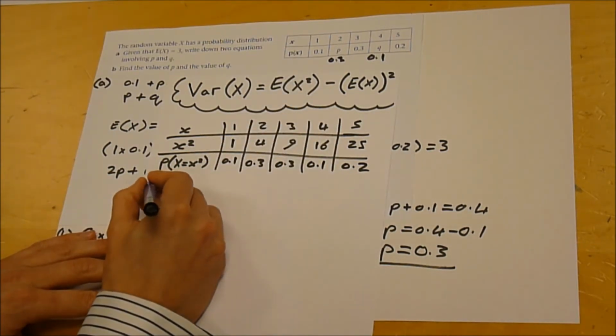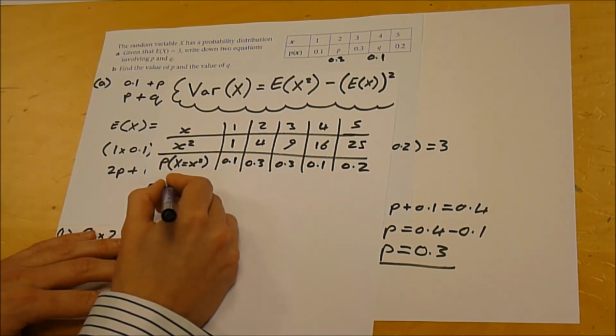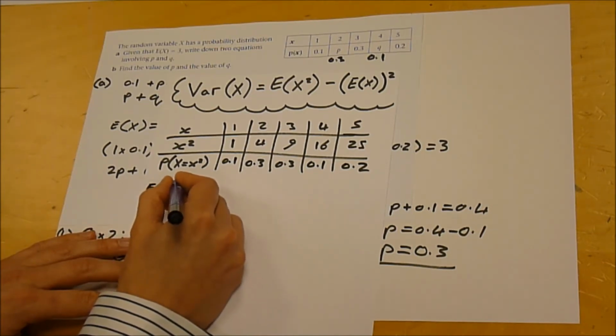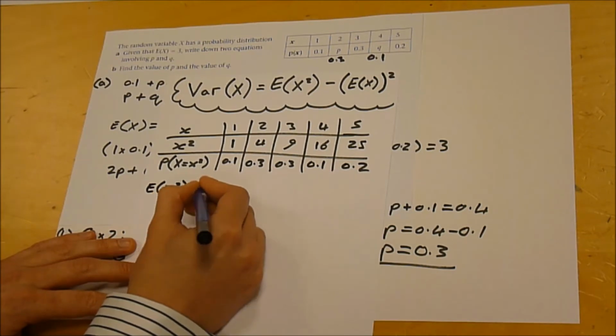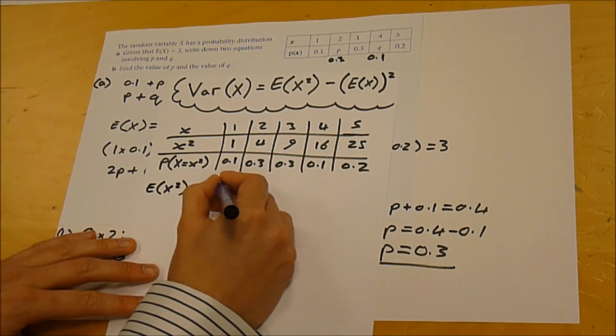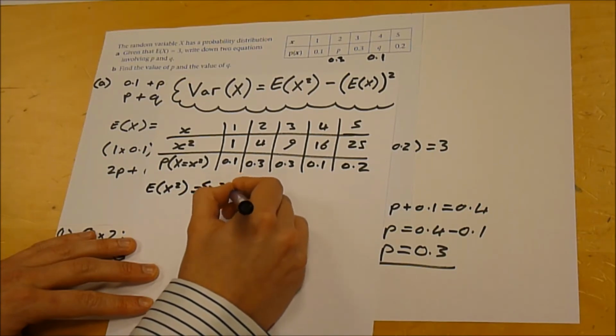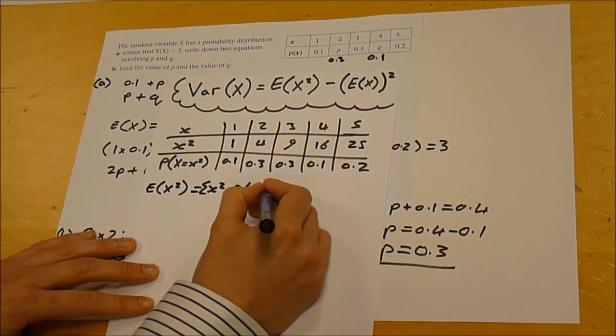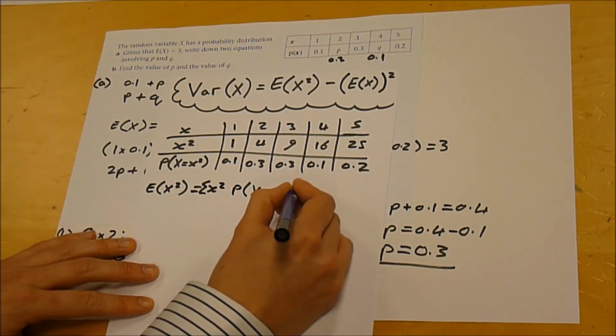So for E of x squared, I know that that equals the sum of x squared times the probability that X equals x squared.